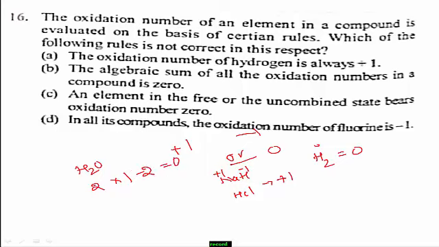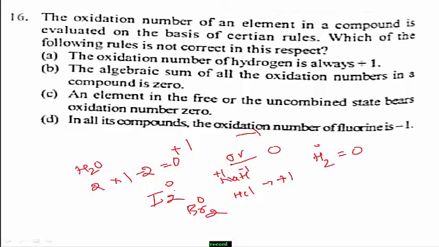This one is the right one. Next, option C, an element in the free or uncombined state bears oxidation number 0. Right? It's right, because if you take an example I2, Br2, the molecular form, it is 0.